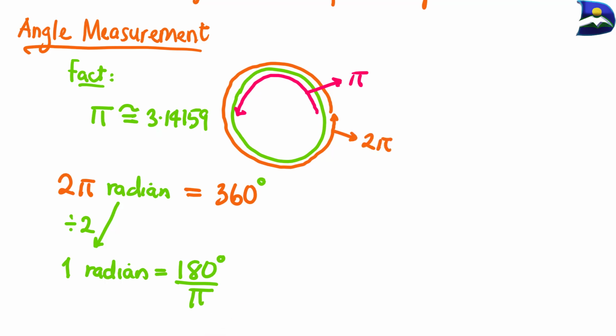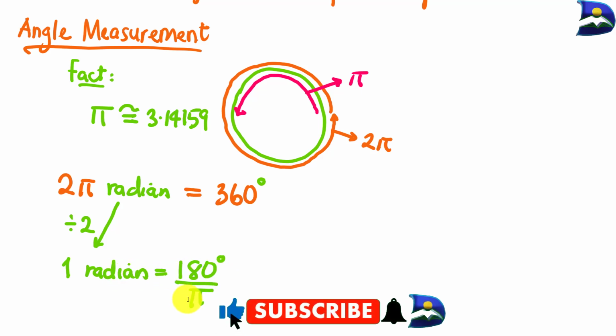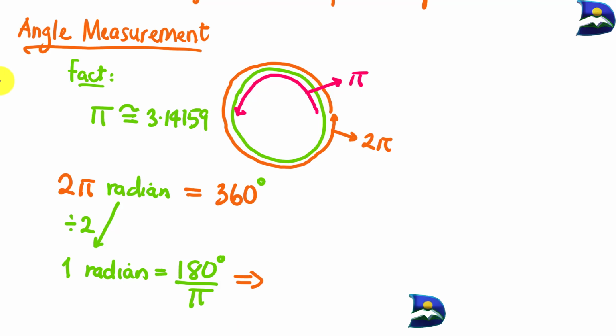So this is one thing to remember or to be aware of when it comes to the relationship between radians and degrees, where 1 radian is equal to 180 divided by pi. And therefore you can also say that indeed pi radians is equal to 180 degrees.